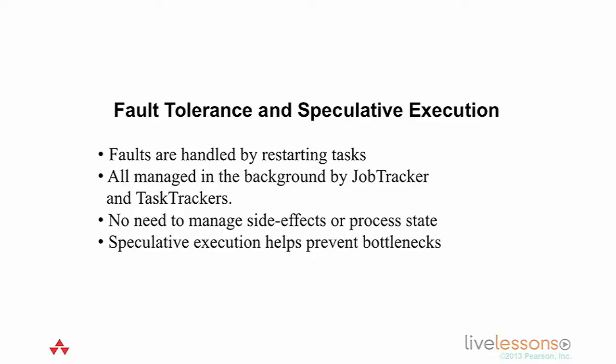The ability to deliver all this nice fault tolerance is really due to the fact that none of these processes create any side effects. And if you recall from the diagrams that I had shown, none of the mappers communicate with any of the other mappers. None of the reducers communicate with any of the other reducers.